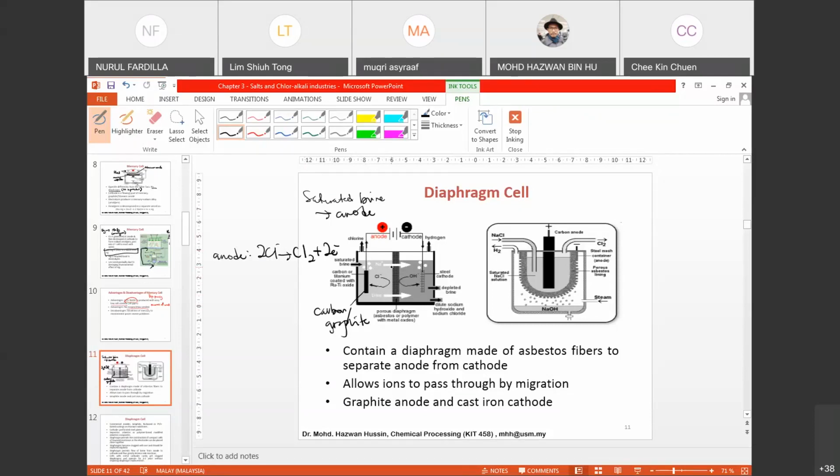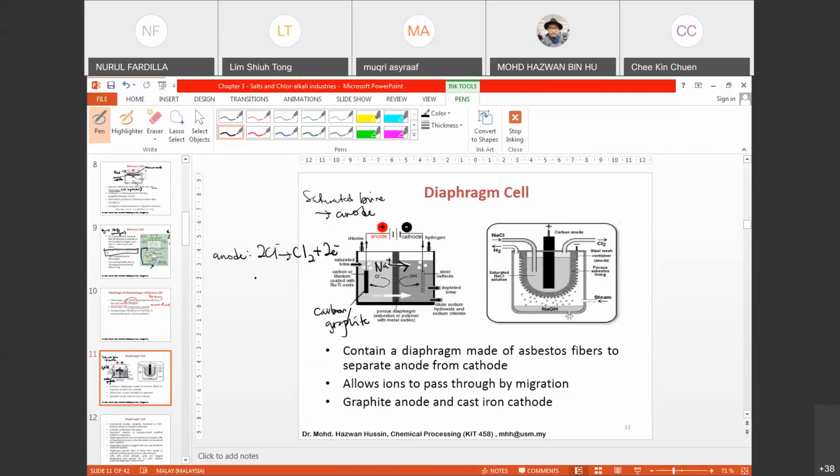Right. So what will be the salts or the ions that will be diffused into this separator? Sodium, you will see over here, sodium will penetrate this diaphragm, and then here you have water, right? So sodium plus reacts with OH minus, and this will produce sodium hydroxide, and hydrogen gas will be produced from here.